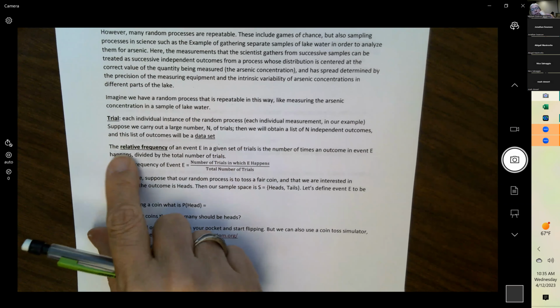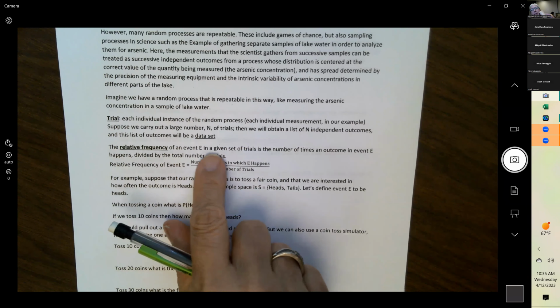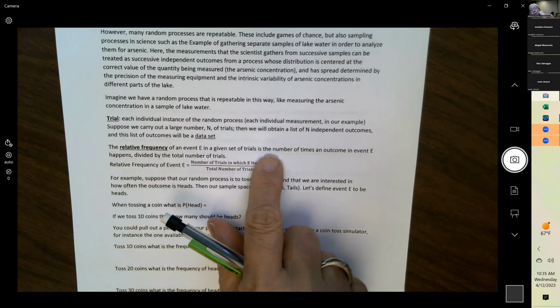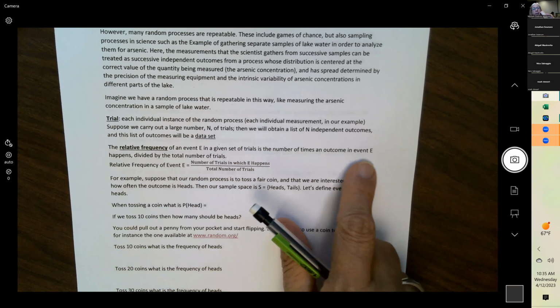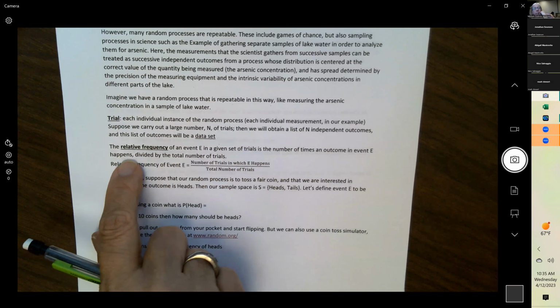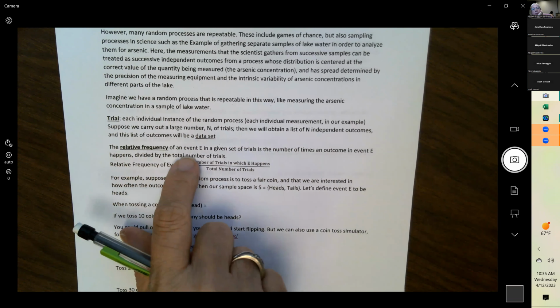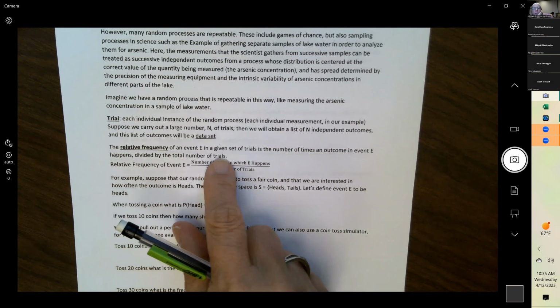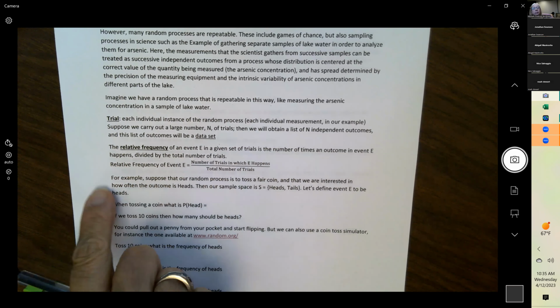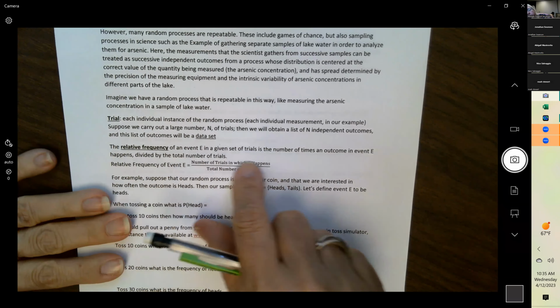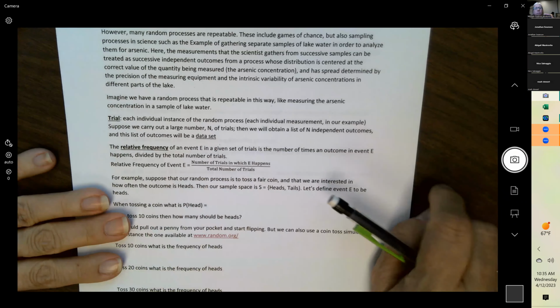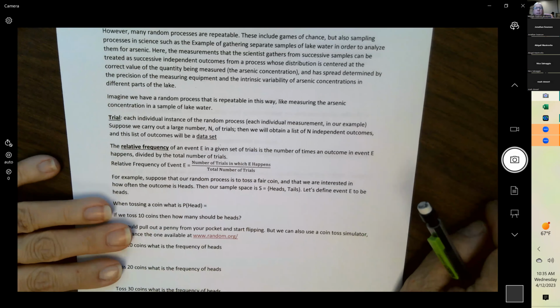The relative frequency of an event in a given set of trials is the number of times an outcome in an event E happens. So it's how many times it came out, divided by the total number of trials. Relative frequency, the number of trials divided by the total. That would be the percent.